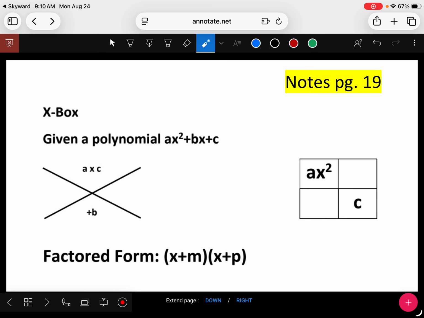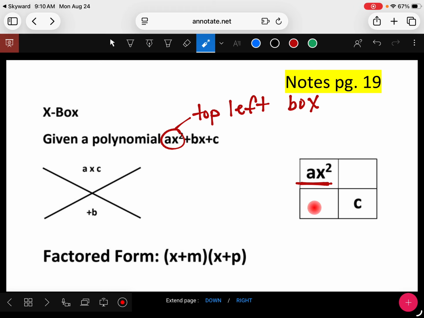So the first thing you're going to do after you look for your GCF, you have your quadratic. This A term has to go in the top left box. So this is the top row.